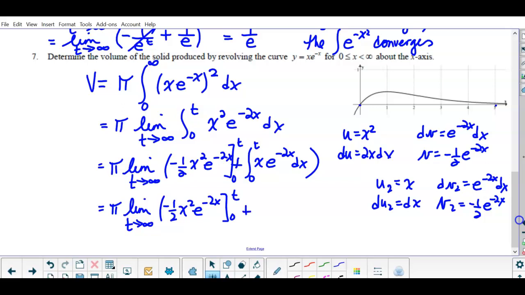Okay, then it's going to be uv, actually minus half x e to the negative 2x, minus, so uv minus the integral of v du, is plus 1/2 out front, e to the negative 2x dx.